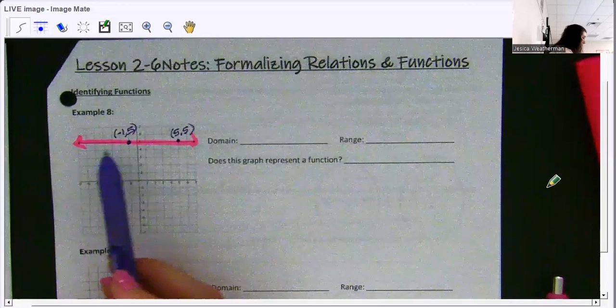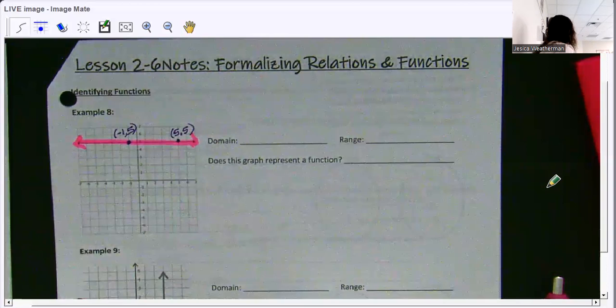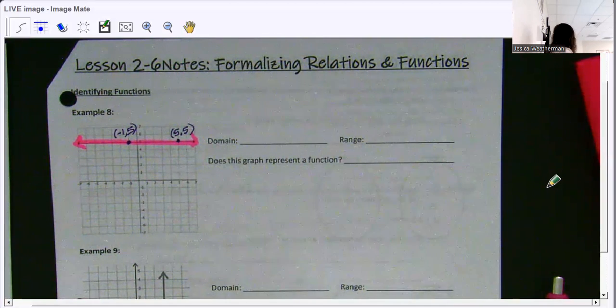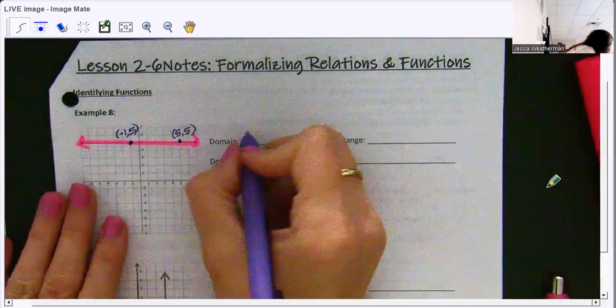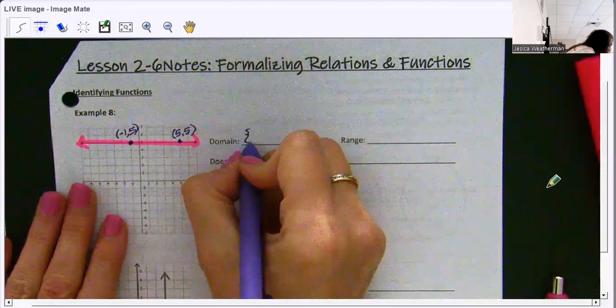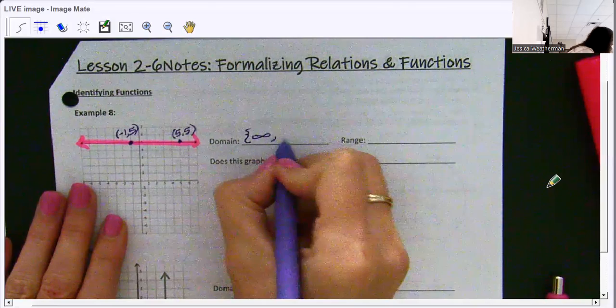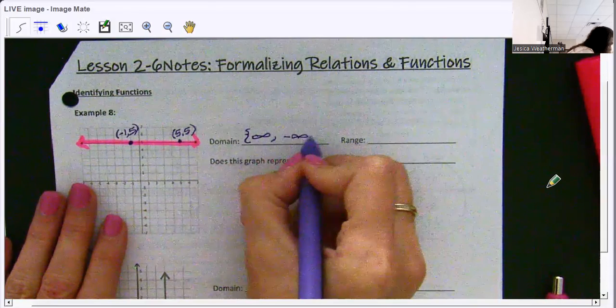We could plot a point on every single one of these and have a different x value. And when you have a line graph where it has arrows, it goes on forever. So what do you think our possible x values for the domain are in this graph? Infinite. So this is how you would write the domain for infinity. You have positive infinity all the way to negative infinity.